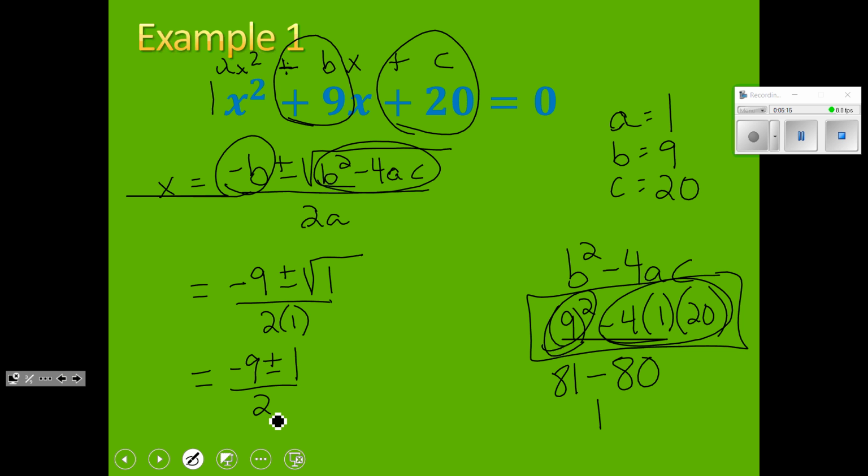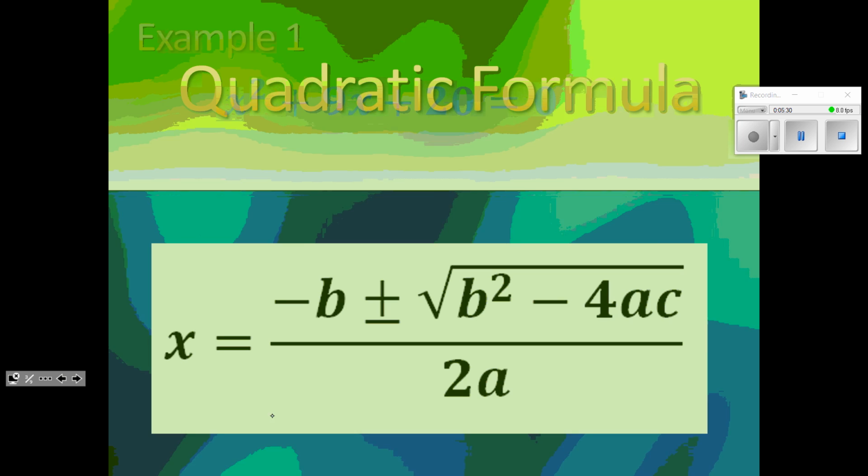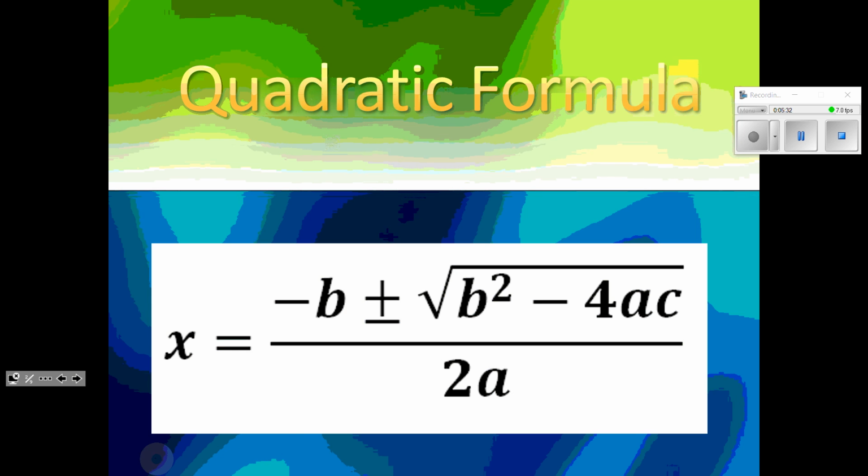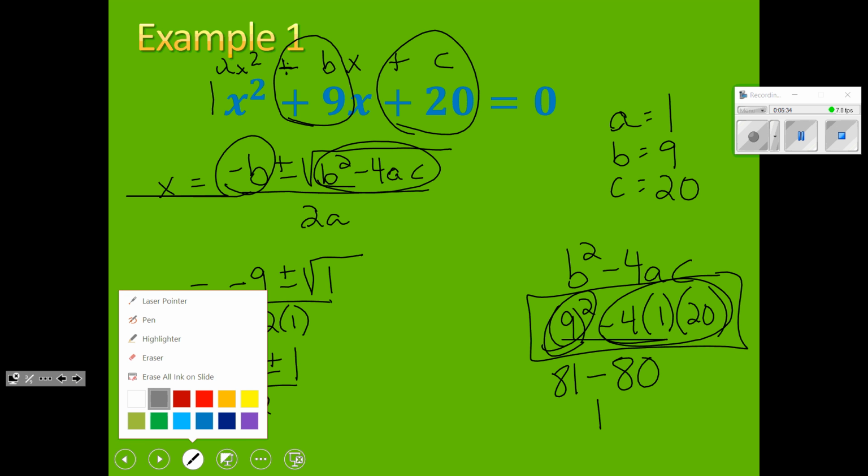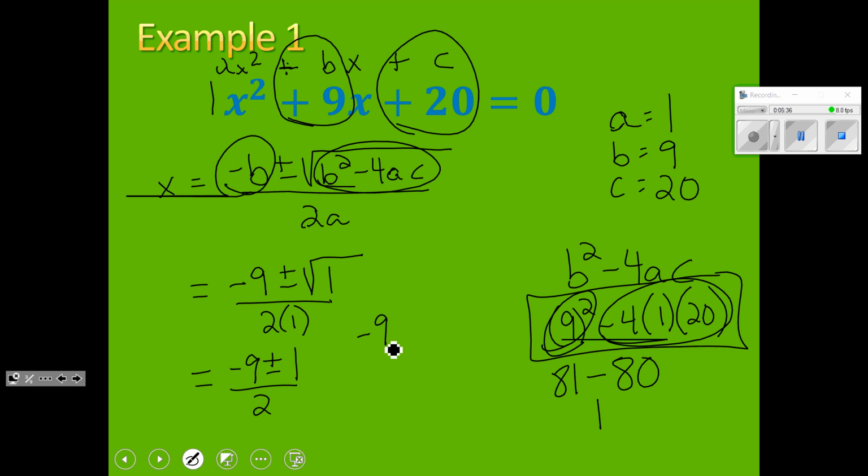And the plus or minus, we're going to divide and conquer, and we're going to separate it. And we're going to create two different answers. One by adding the plus, and one by subtracting, or the minus. So this will be negative 9 plus 1 divided by 2, or negative 9 minus 1 divided by 2.